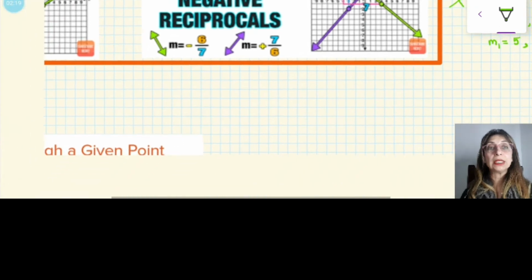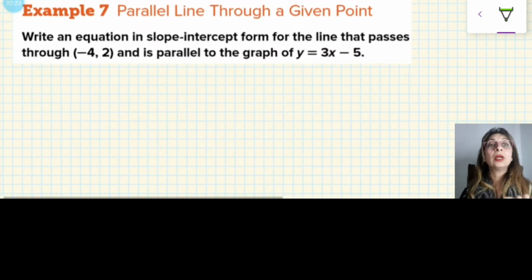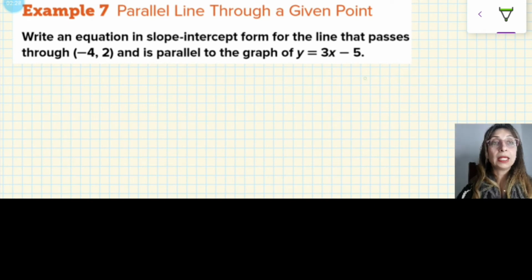Let's have the first example here. If we have two lines that are parallel, they have the same slope, remember this. Okay, let's read the question.